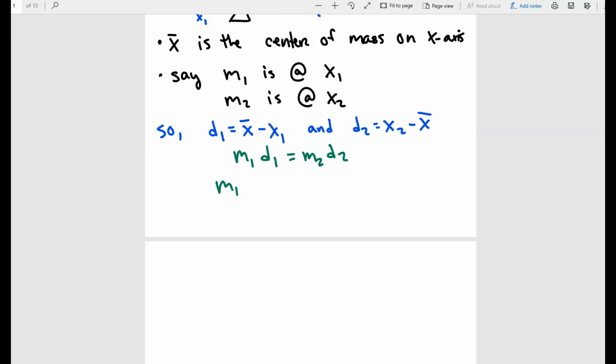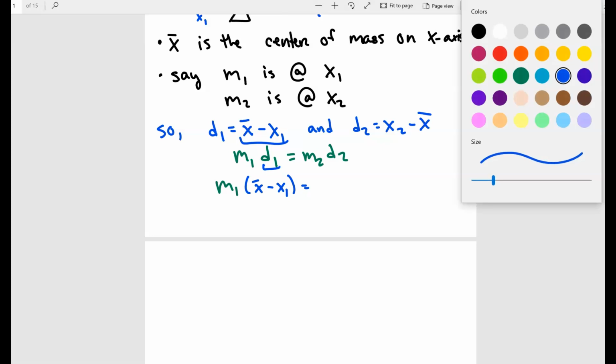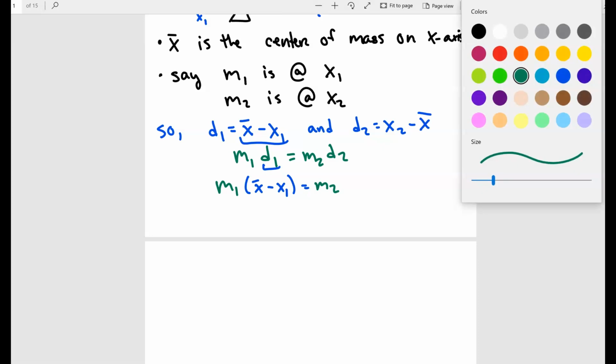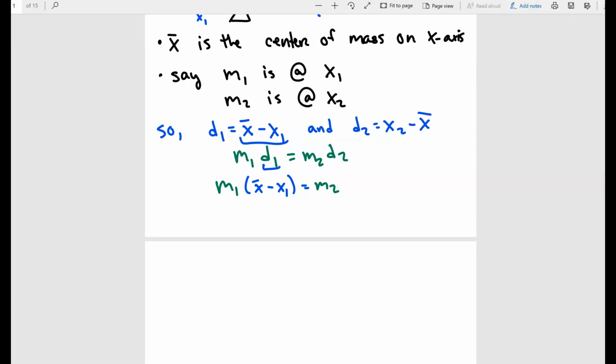I have mass 1 times x bar minus x1, is equal to mass 2 times d2, which is x2 minus x bar. Okay, so now let me distribute this out. I have mass 1 times x bar minus mass 1 times x1 is equal to mass 2 times x2 minus m2 times x bar.